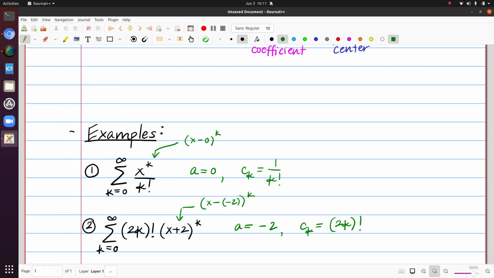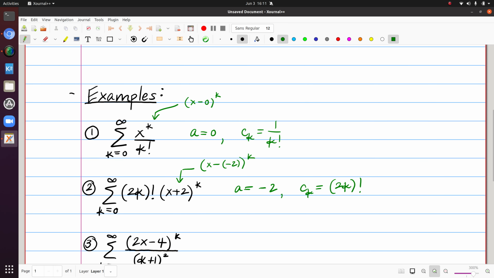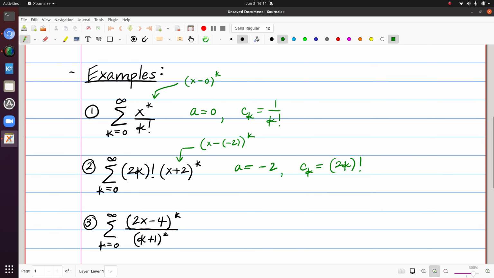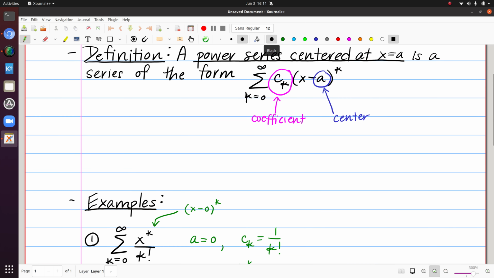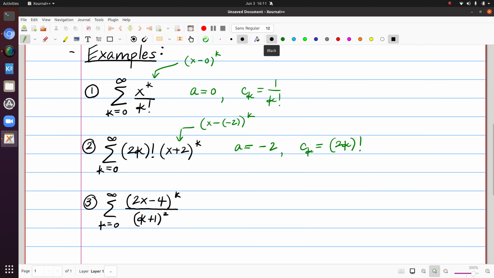And sometimes we might have to do a little work to identify both the center and the coefficient. I'm given this one here, and there's this unexpected 2 coefficient in front of x. So as it's written, it's not immediately clear how this relates to our definition. In order to see the relationship there, we can simplify what we have.